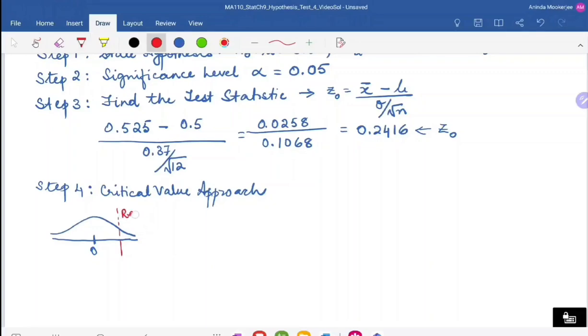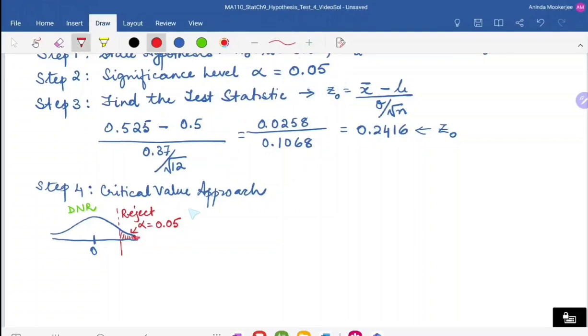So the right end of the curve is the reject region, and the left hand side is the do not reject region. This is the area corresponding to the reject region under the curve, and this area is what alpha is. Alpha equals 0.05. That comes from the significance level.